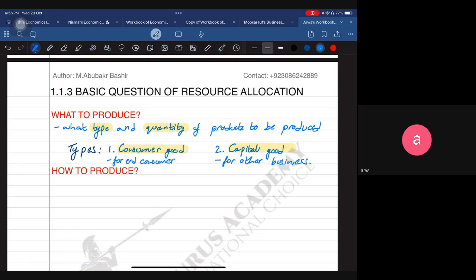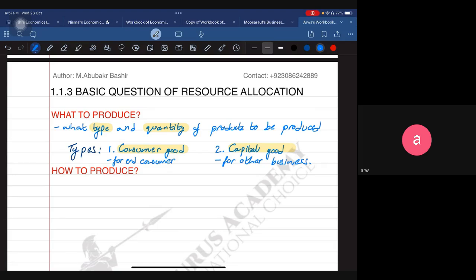If you have money, you can have it. But what is the purpose? For an end consumer, the purpose is to consume the good, not to make goods from the goods. Because the very clear-cut definition of a capital good is that capital goods can be used to produce other goods and services, right?